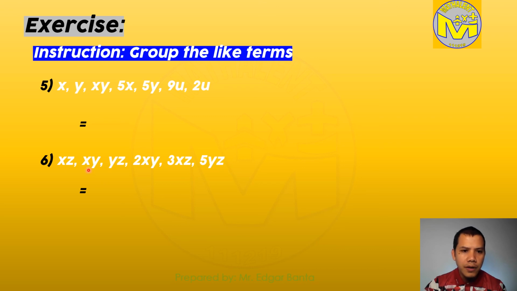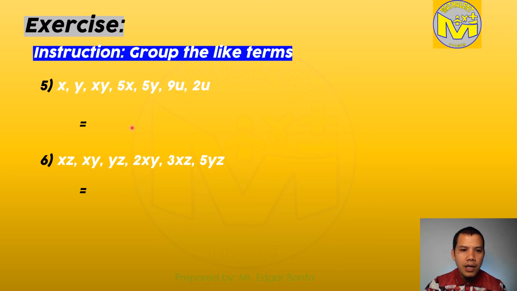Xy first, we have xy and 2xy. Next group is the group of xz. Okay, xz, we have xz and 3xz. Next group is the group of yz. Here, yz and another yz, 5yz. So that's it. We have 3 groups here.